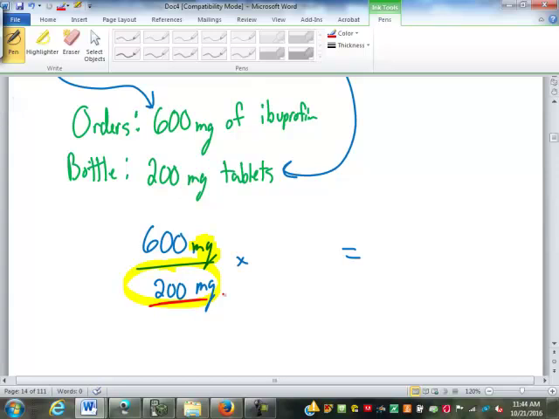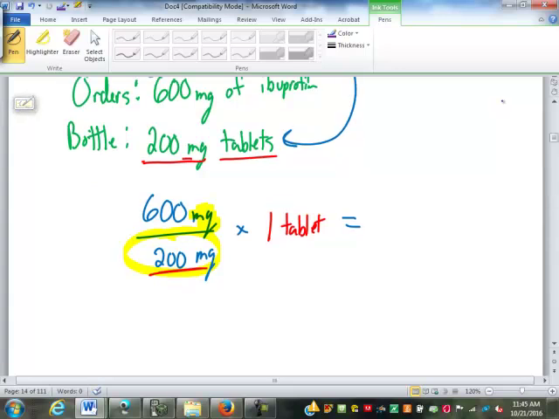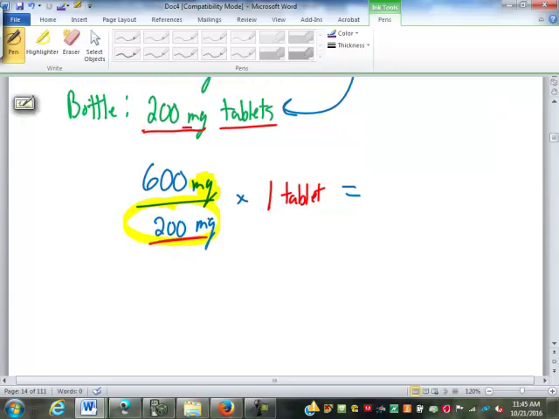According to the label, what carries that 200 milligrams into the patient? This is a little tricky. It's very subtle. 200 milligram tablets. One tablet carries 200 milligrams into the patient. So a tablet, or one tablet, is our vehicle. So the milligrams divide out.